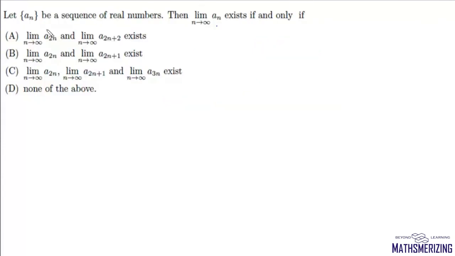Now here the question is: let an be a sequence of real numbers, then the limit as n tends to infinity of an exists if and only if which of the following options is correct.